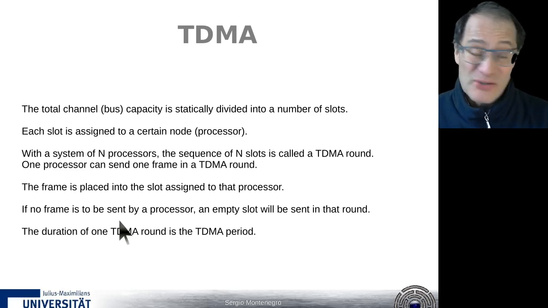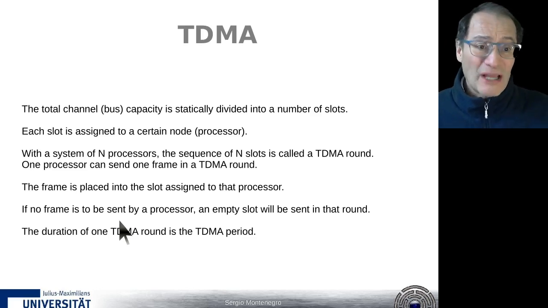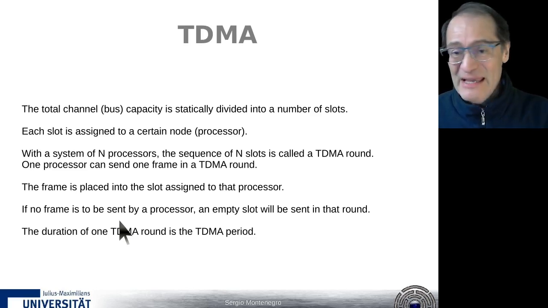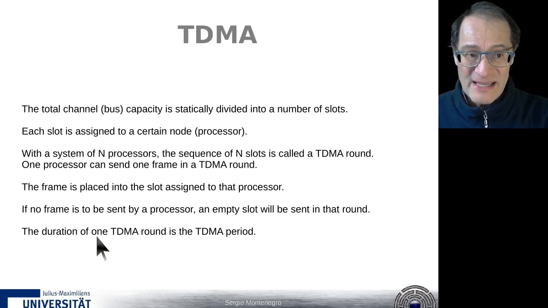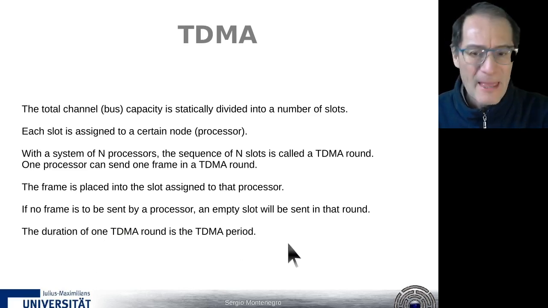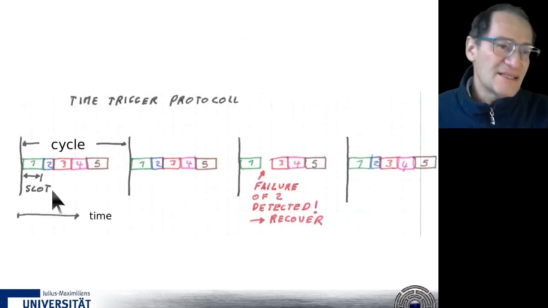Even if it has no data, it shall send something. Otherwise, if there are very big gaps, we can run out of synchronization in the whole bus. So even if no data has to be sent, you have to send a message which says, I have nothing to say.